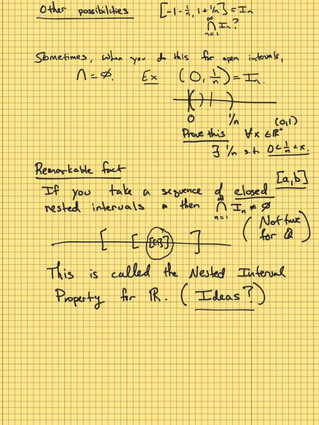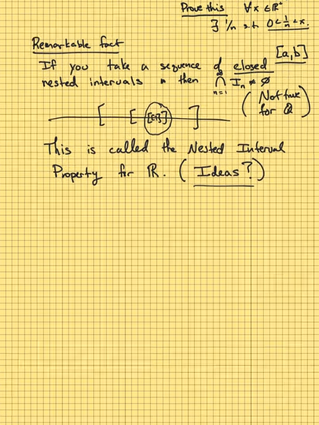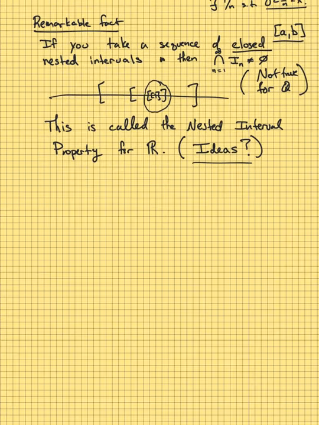Okay, so let me prove this now. It turns out it follows pretty quickly from completeness. Okay, so first, let me just give some notation. I'm going to write I sub n to be [A sub n, B sub n].